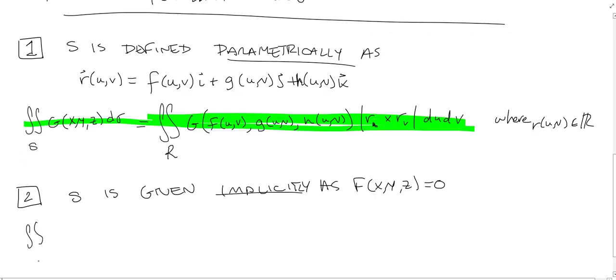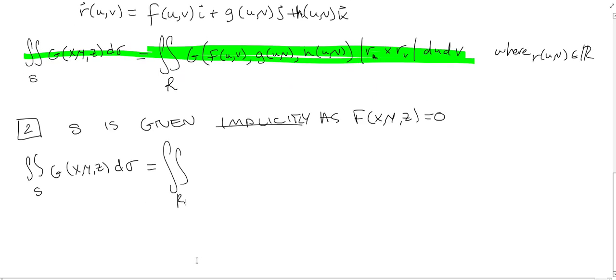Our surface integral of G of x, y, z d sigma can be evaluated using a double integral over region R of the magnitude of the gradient vector of F divided by the magnitude of the gradient vector dotted with p, times dA.